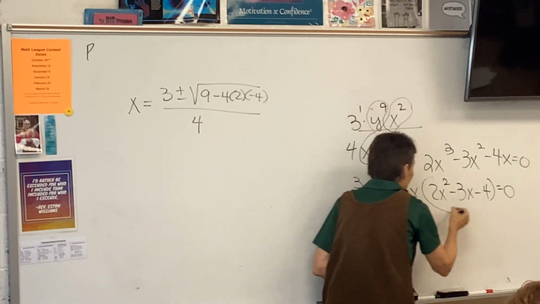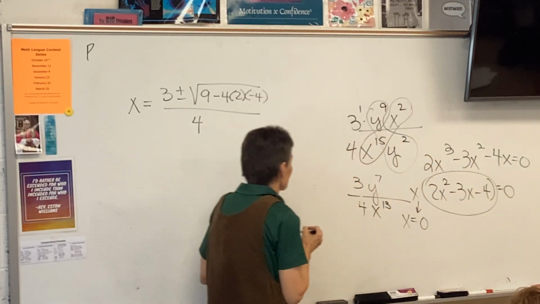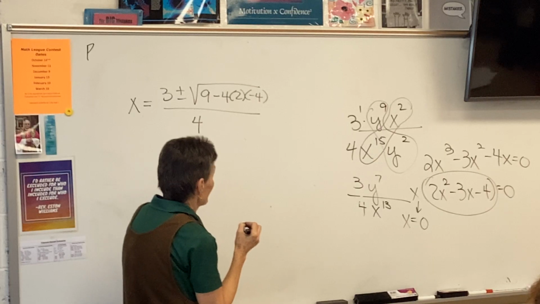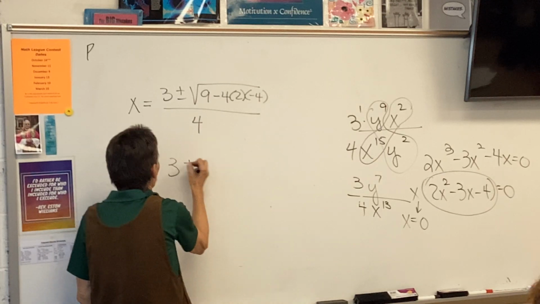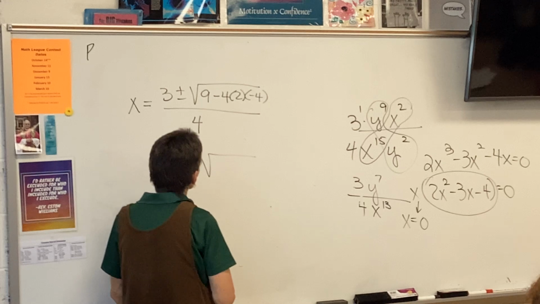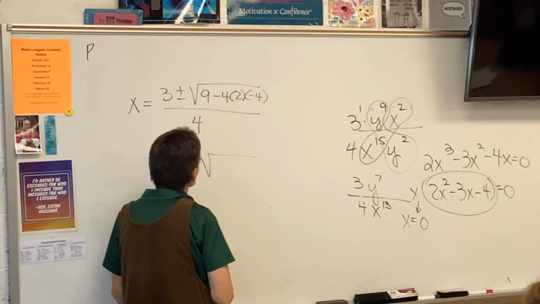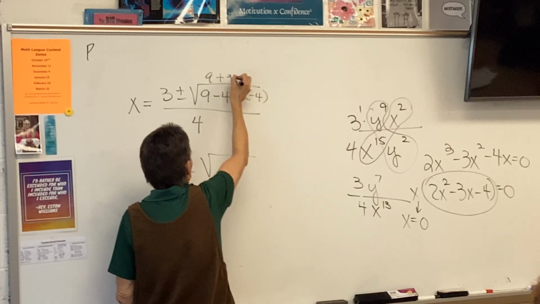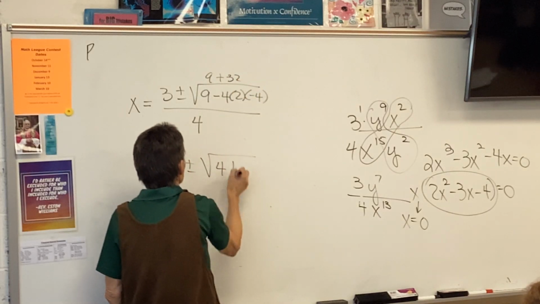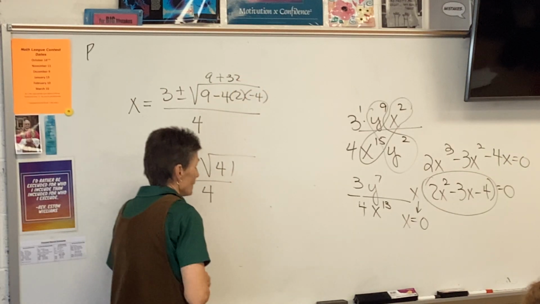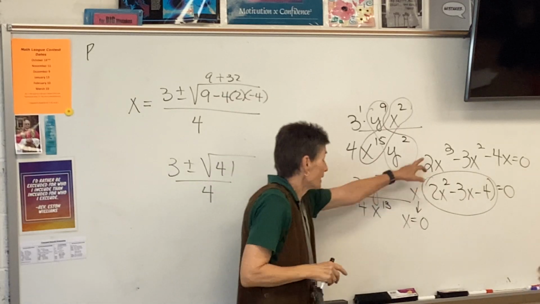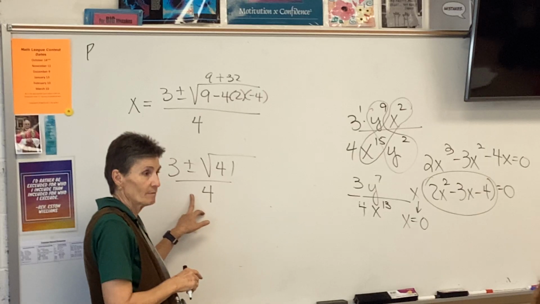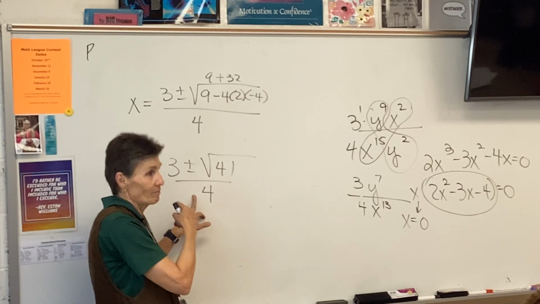This is what I'm showing right here. So I got that 41. So 3 answers, x cubed, 3 answers, one of them 0, and 2 of them are this.